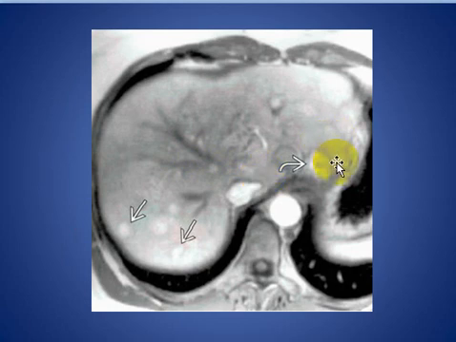As we see here, hypointense halo and central scar. Here hypointense halo, here is the central scar, and this is typical of multi-acinar nodular regenerative hyperplasia.